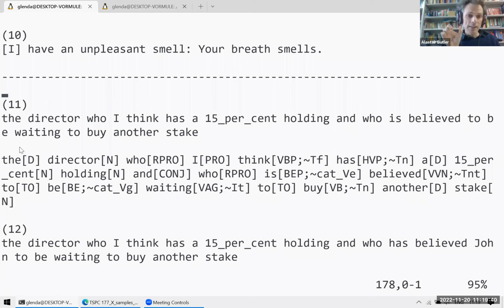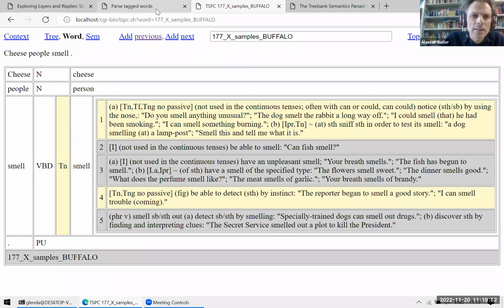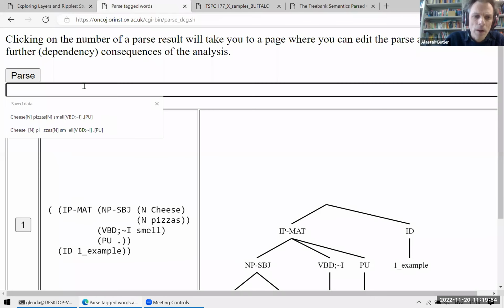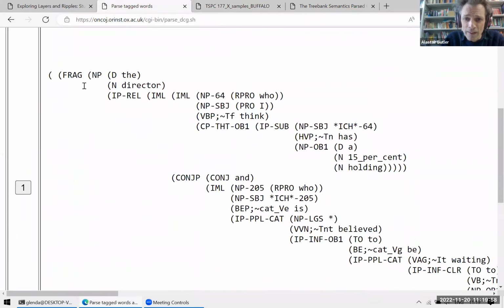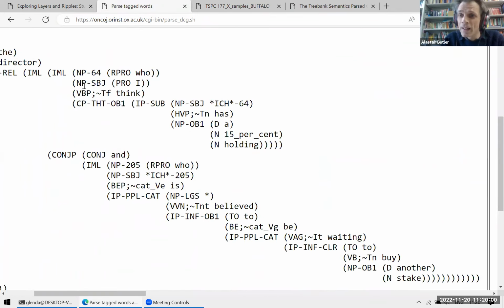This is a noun phrase by itself, so we want this analyzed as deriving a noun phrase. Let's put the analysis into the parser, and we get the result almost immediately.